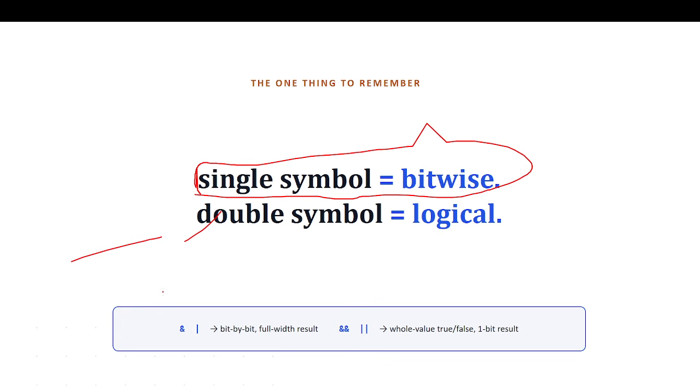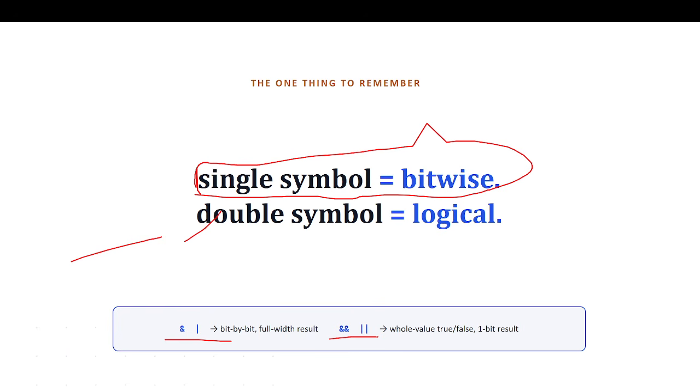Single and and single or symbols operate bit by bit and produce a full width result. Double and, double or: double symbols treat the entire operand as a single true or false value and always produce a single bit result. Please write this down, box it, underline it, whatever memory technique works for you.